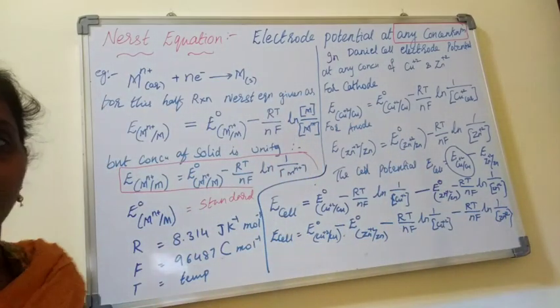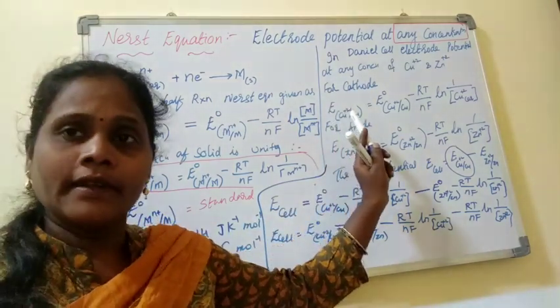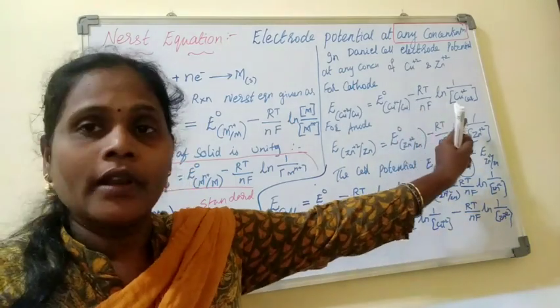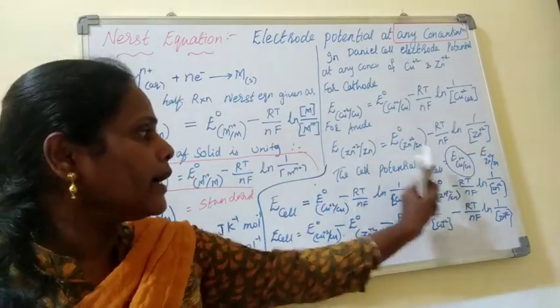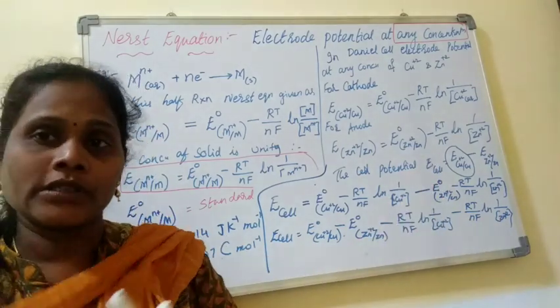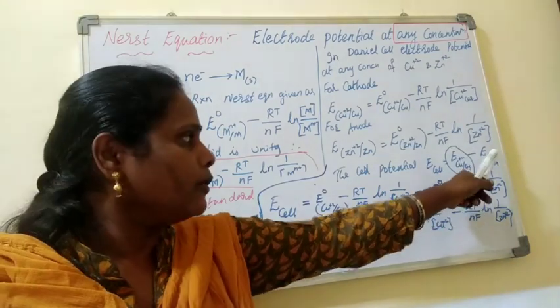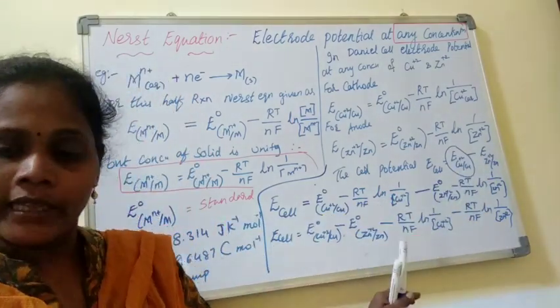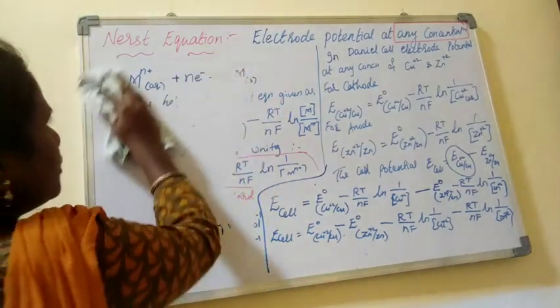Hope you understood till here. I just wrote the Nernst equation for the copper half reaction and the zinc half reaction. Then I took the EMF of the cell at any concentration, which is cathode minus anode. Then I substituted the equation, I am deriving it, right? Then I am simplifying it.